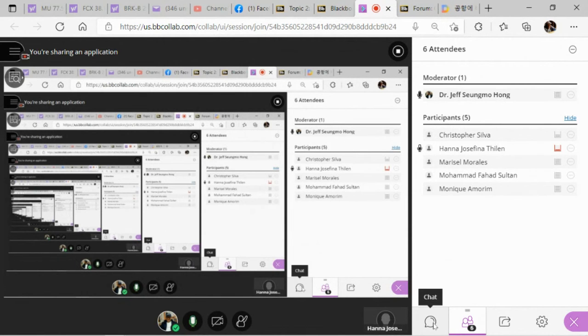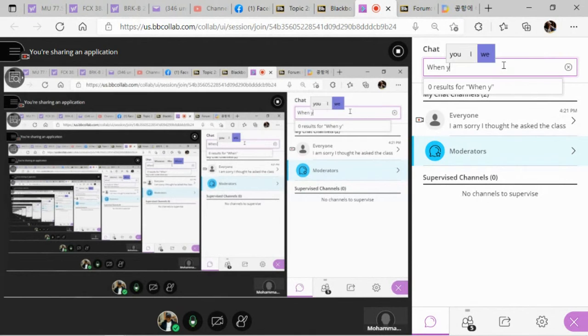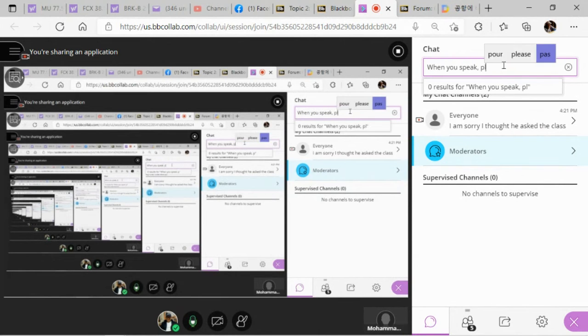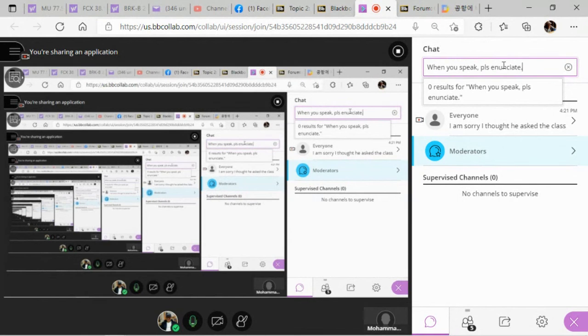Maybe it's due to the connection, but it's very choppy. You should enunciate because it's choppy. You understand? When you speak, please enunciate. Right? Speak clearly.